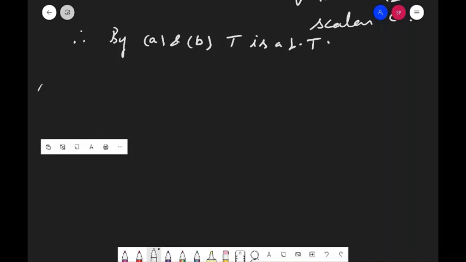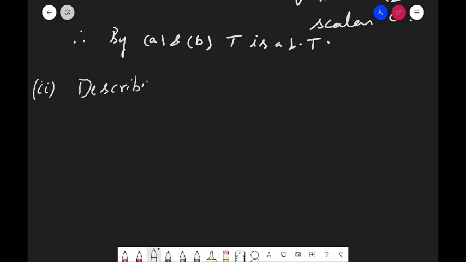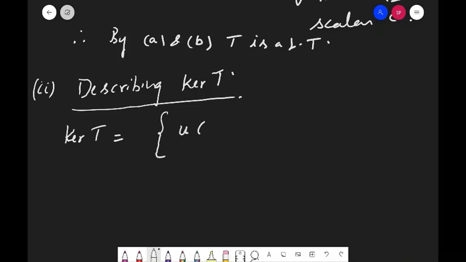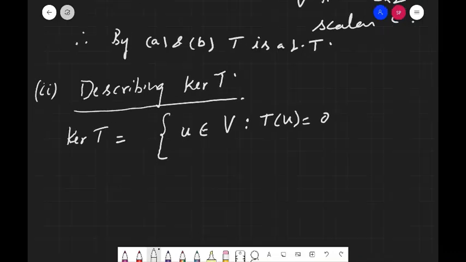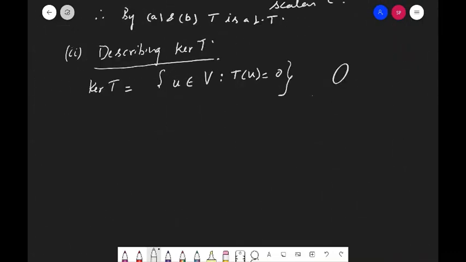So the second one, describing the kernel. Let us write again what the kernel of T is. Kernel T is the set containing U belonging to the domain V such that T of U is equal to 0. This is the definition of the kernel. What is V?